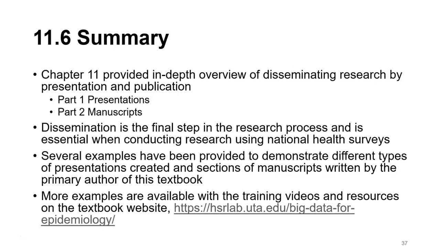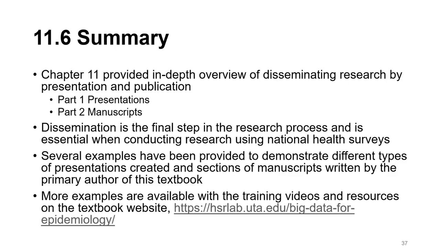So section 11.6, summary. So in summary, chapter 11 provided an in-depth overview of disseminating research by presentation and publication. So part 1 covered presentations, and this section, part 2, covered manuscripts. Dissemination is the final step in the research process and is essential when conducting research using national health surveys.